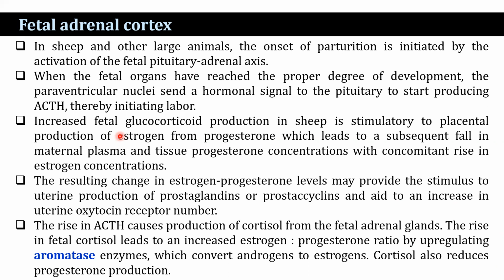Increased fetal glucocorticoid production in the sheep is stimulatory to placental production of estrogen from progesterone, which leads to a subsequent fall in the maternal plasma and tissue progesterone concentration with concomitant rise in estrogen concentration. The resulting change in estrogen progesterone levels may provide the stimulus to uterine production of prostaglandins or prostacyclins and aid in an increase in uterine oxytocin receptor number.